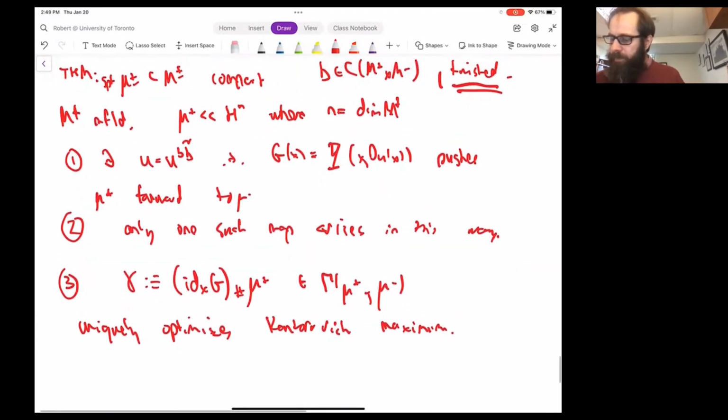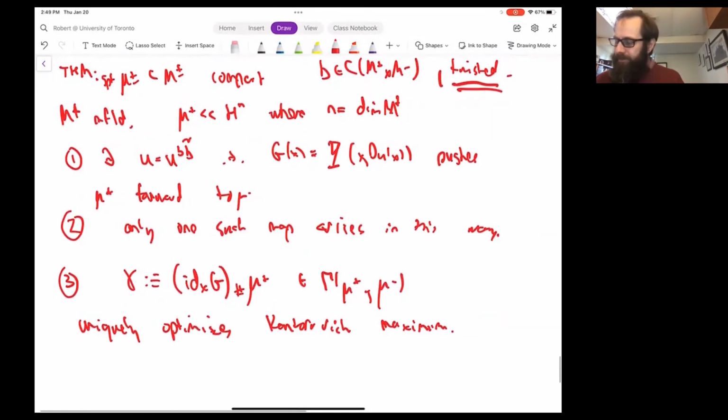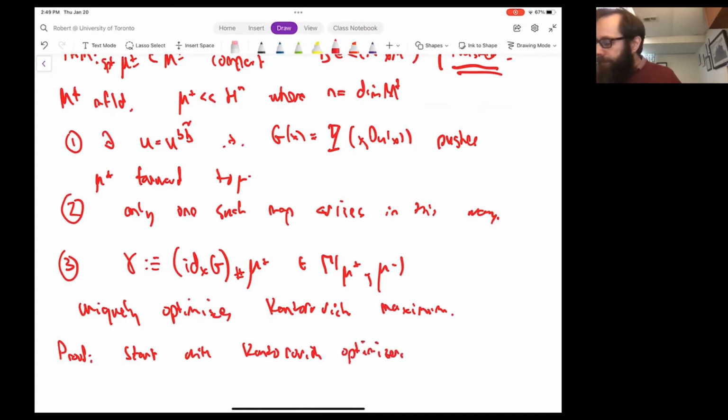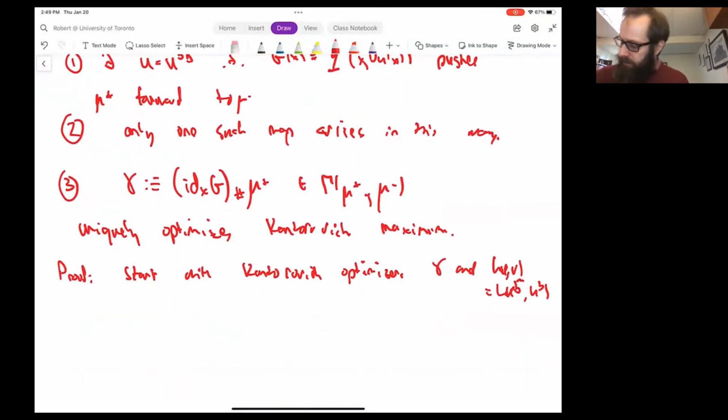So let's see, the proof would be that you start with Kantorovich optimizers gamma and u, v equal to v transform, u transform, that we know to exist.